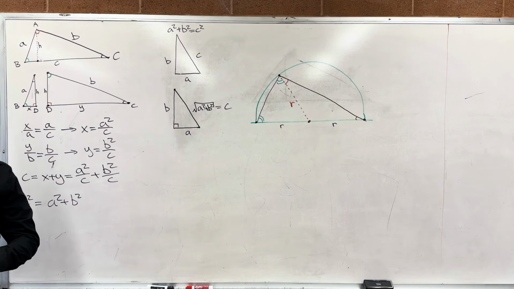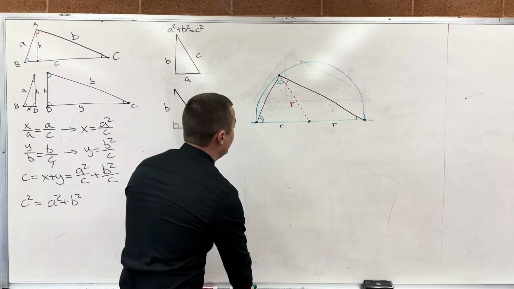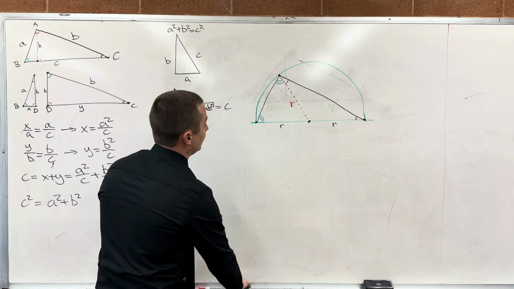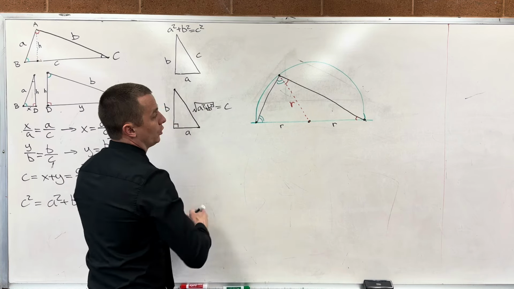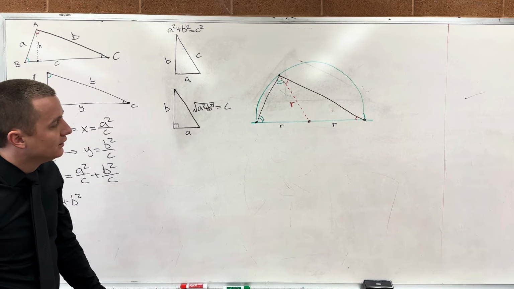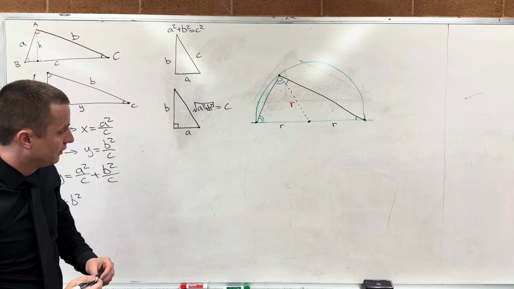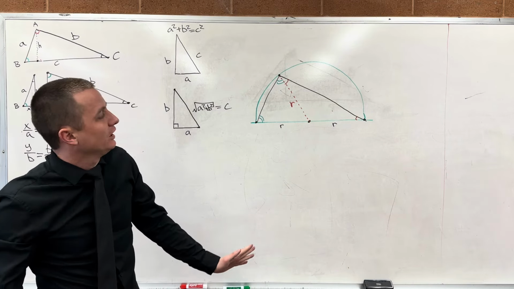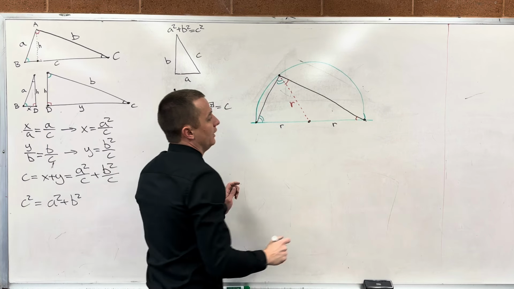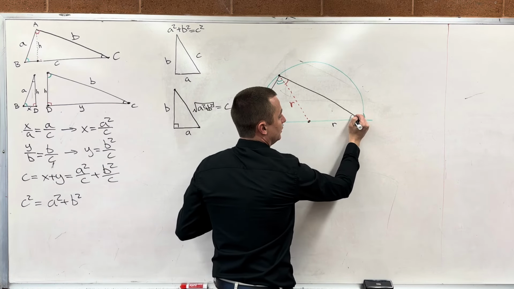You with me? Yeah. Now, let's see how I want to say this. I'm just going to name all these angles really quick. So, red angle, let's call that angle alpha.